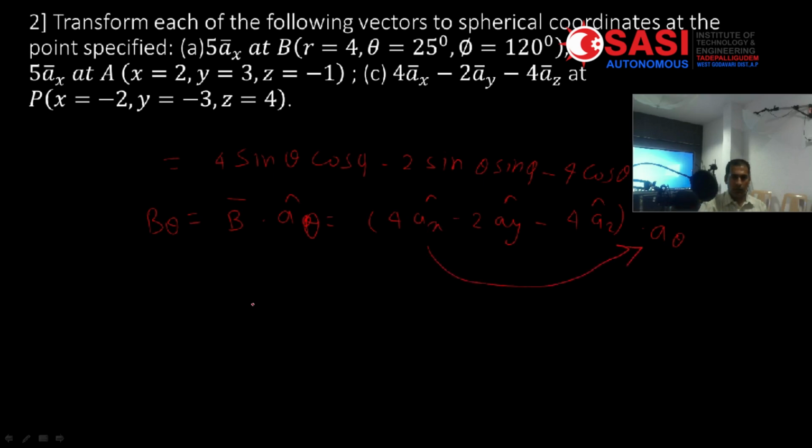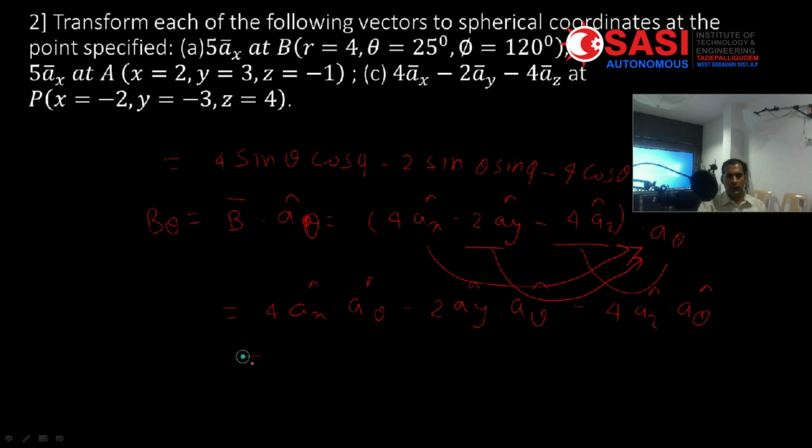First we will take for 4ax cap. So we will get 4ax cap dot A theta cap. Then with this one, minus 2ay cap dot A theta cap. Then the third one is minus 4az cap dot A theta cap.